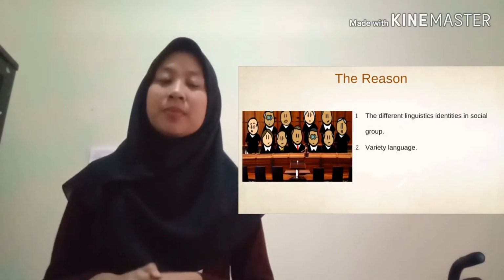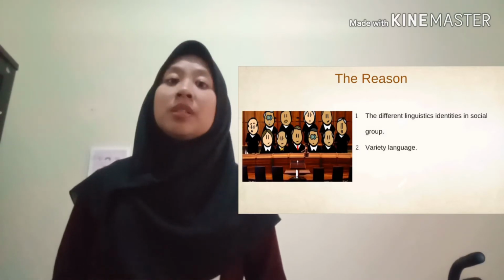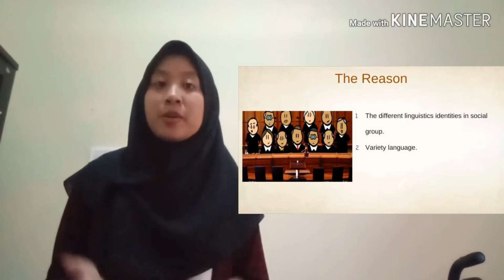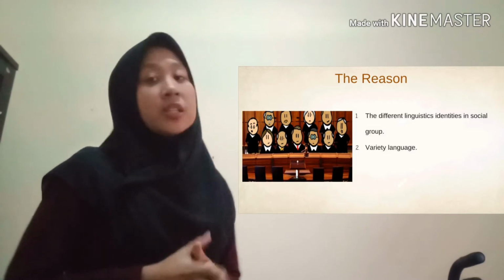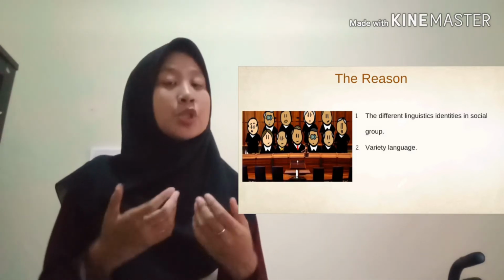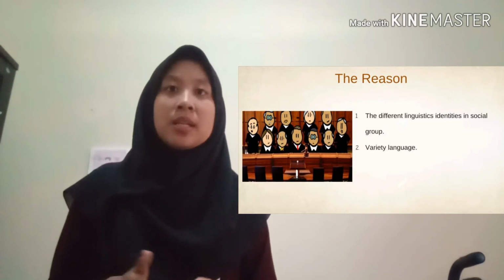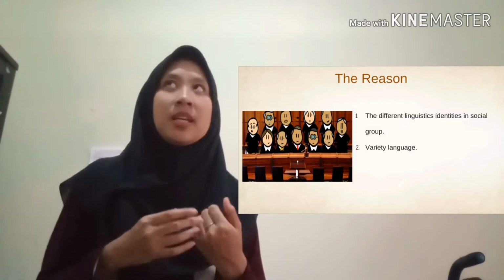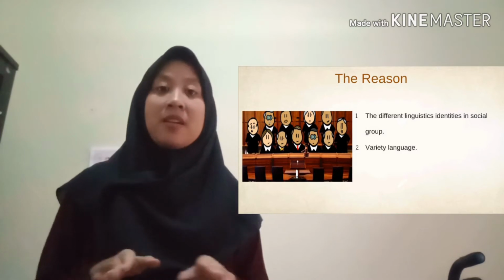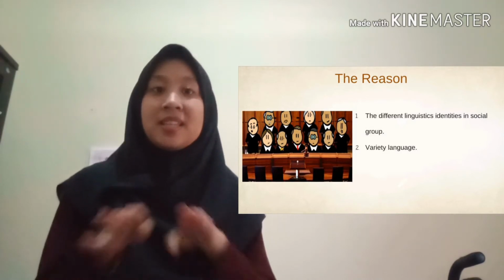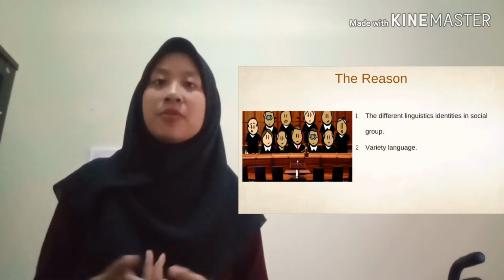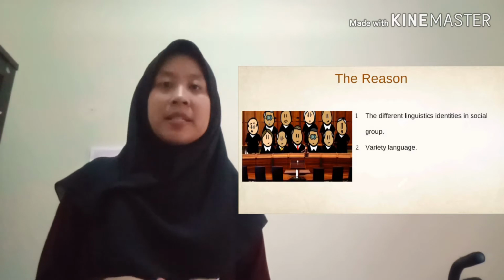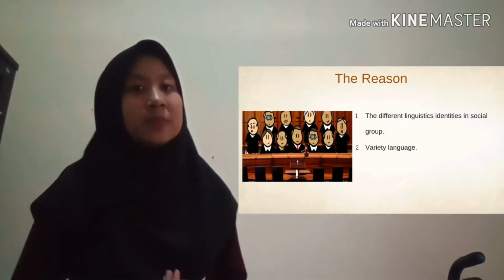And then for the next slide, the reason. The reason why people in these countries made language planning. One is that different social groups wish to maintain their linguistic identities and interests because they have different linguistic identities and may actively and often violently campaign for recognition.